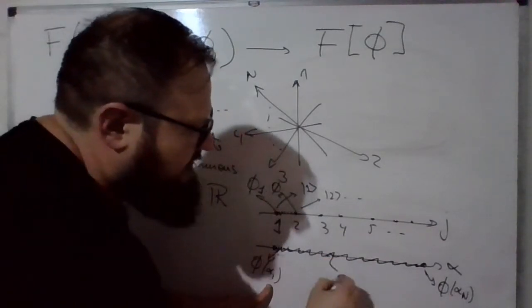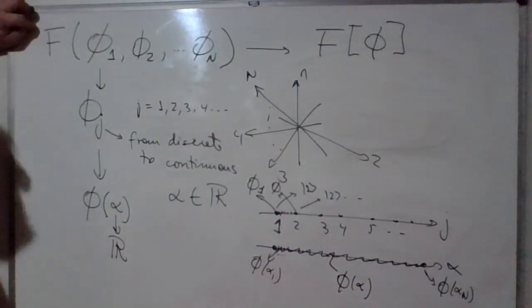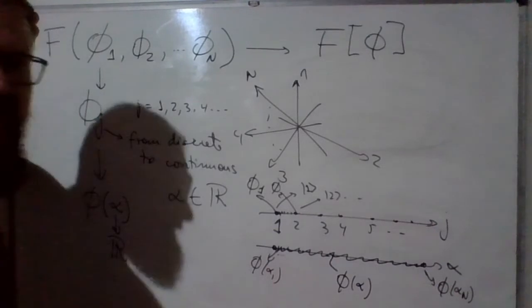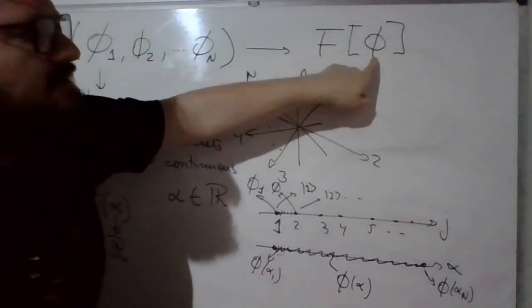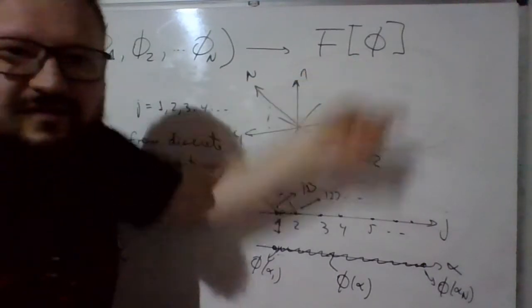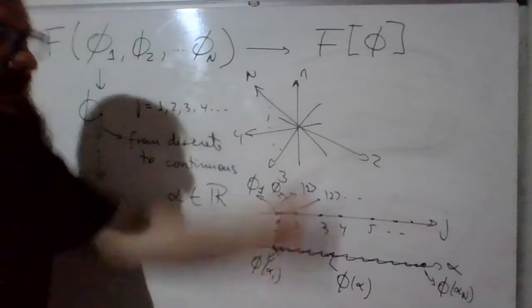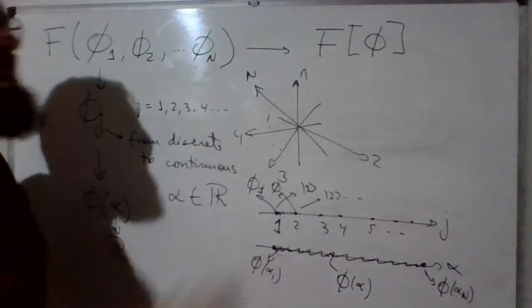So here I have a phi of alpha. And this, which otherwise would be a scalar function, now becomes a function of an infinite number of degrees of freedom. Let me say it this way, this now becomes a functional. This is a functional.